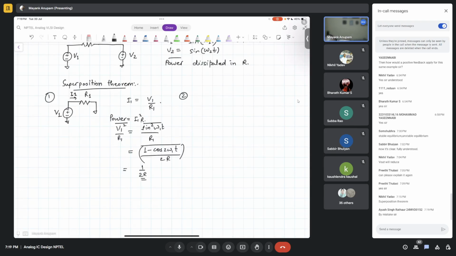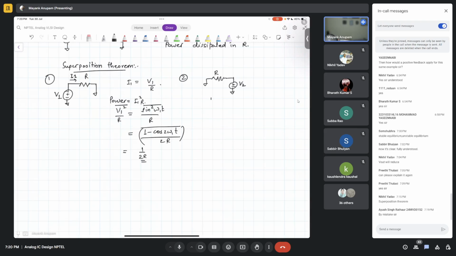Now the second case will be that your R1 is this one. It's not R1, right? I made it R. Let's call it R, not R1. V2. So what will power in this case be? Power here again will be 1 over 2R only, right?